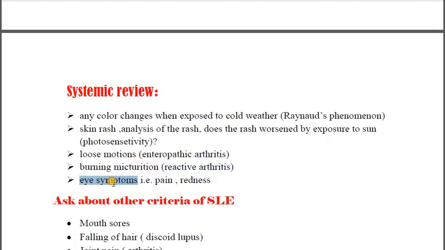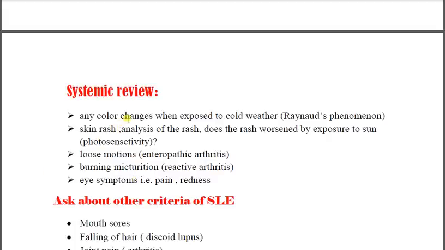Any eye pain or redness, because in a case of psoriatic arthropathy it can be associated with uveitis, or in a case of rheumatoid arthritis it can be associated with eye complications like scleritis, episcleritis, keratoconjunctivitis sicca, or others related to the drugs.